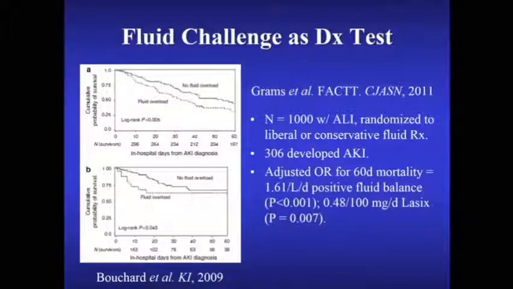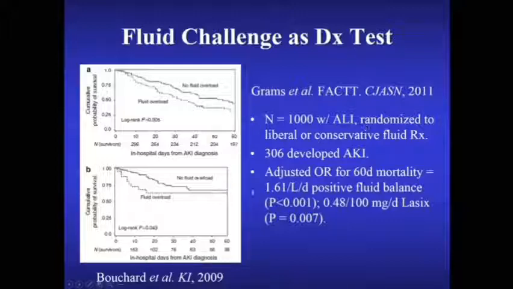The upper graph shows what the outcomes were in fluid overloaded versus non-fluid overloaded patients at the time they started acute dialysis. There was a significant difference between these two groups, where the fluid overloaded group had a higher mortality. And then these are the patients just at the time of their acute kidney injury diagnosis who were not dialyzed. This is also statistically significant, although barely.